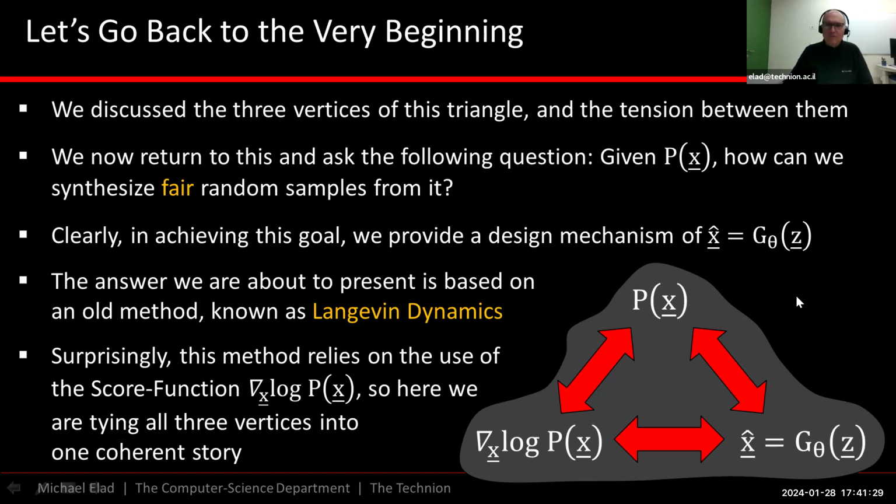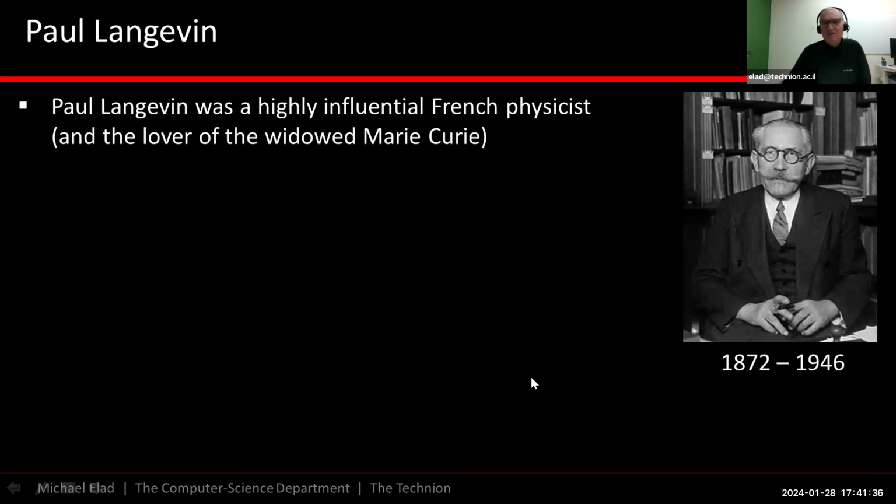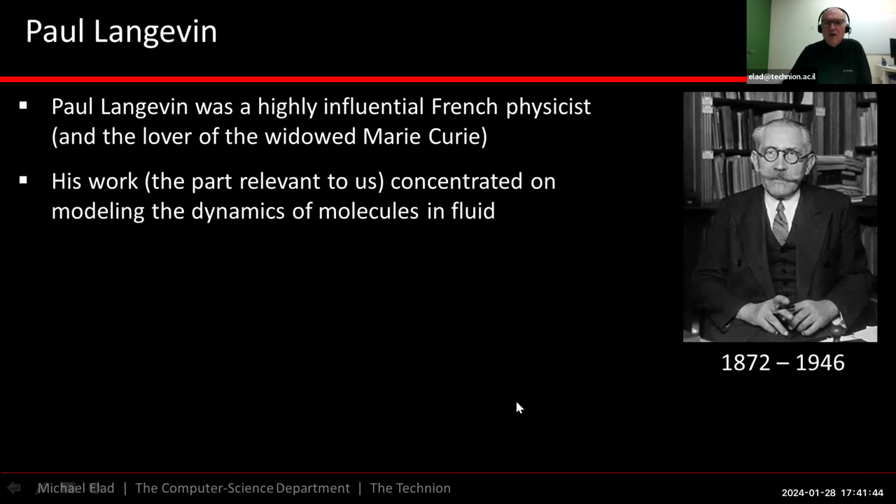How? Let's see how. So this is Paul Langevin, a famous French physicist, who lived roughly 100 years ago. And he did a lot of work. Most of his work was concentrated on modeling the dynamics of molecules in fluids.